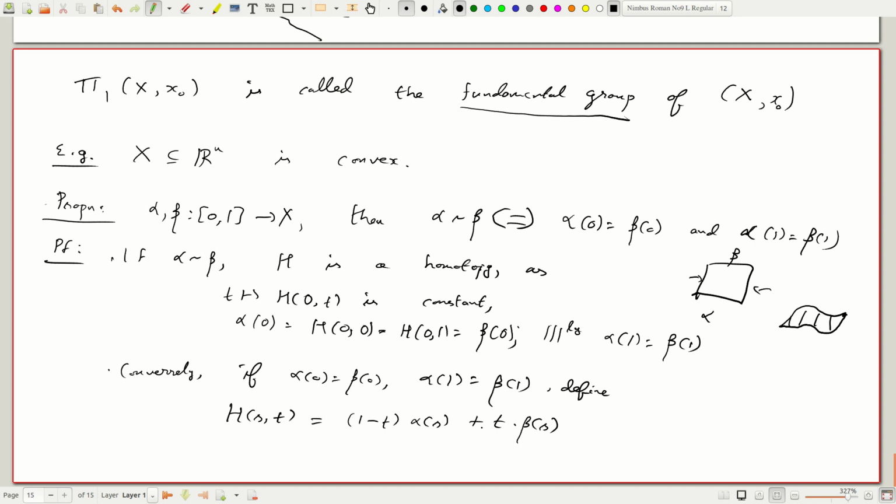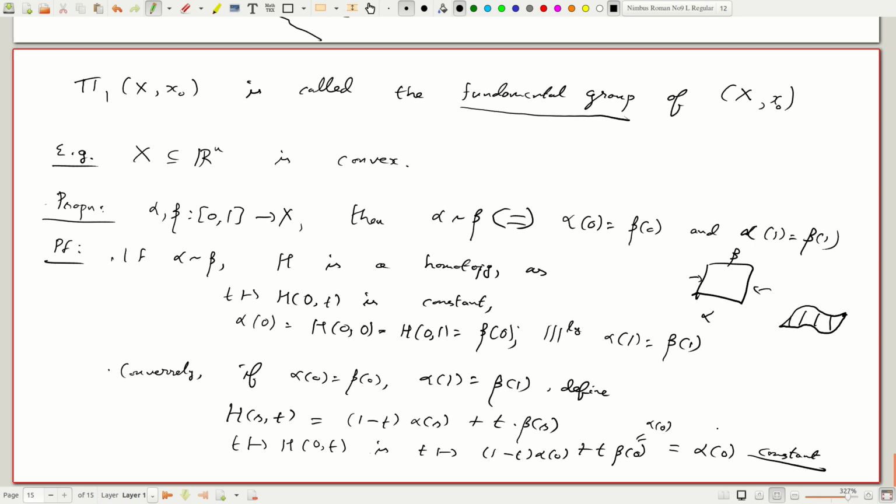And crucially, if we look at the function T mapping to H of 0, T, the other function is similar, it equals T mapping to 1 minus T times alpha of 0 plus T times beta of 0. But we have assumed beta of 0 is alpha of 0. So this is going to be just alpha of 0. So this is constant. So the hypothesis that the endpoints were fixed made this a homotopy fixing endpoints.